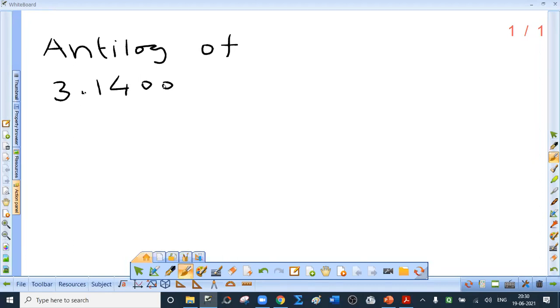See, many students, they see this in log table only. No, anti-log table. So the number which is in row 0.14 and column 0. You always get 4-digit number. It is, let me explain, 1380. Is it? Are you getting the same? Yes, very good. क्या बात है? Very good.